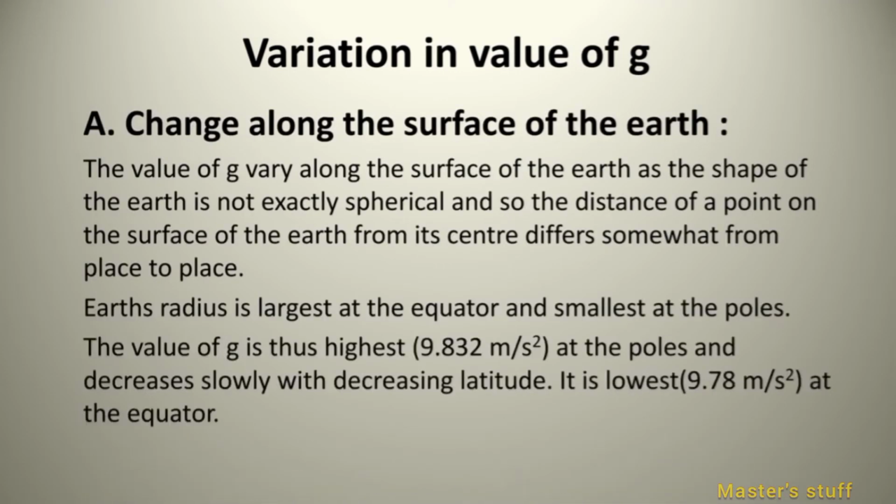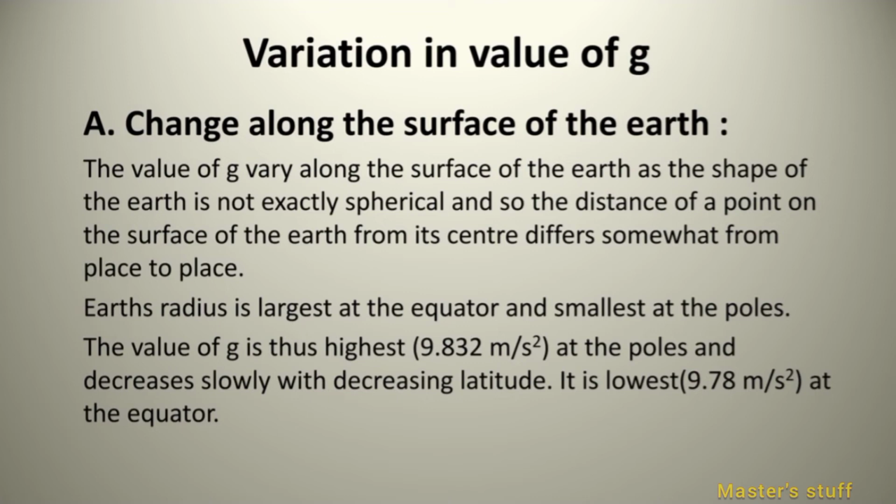As the shape of the earth is not exactly spherical, the value of g varies along the surface of earth, and so the distance of a point on the surface of earth from its center differs somewhat from place to place.